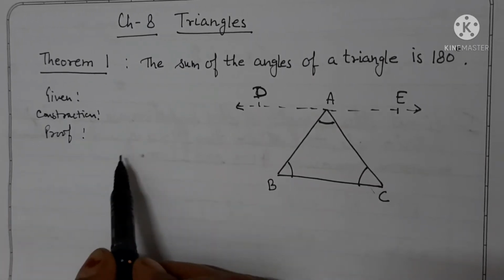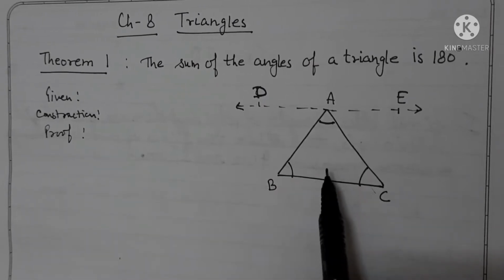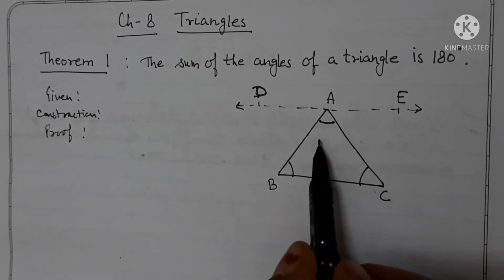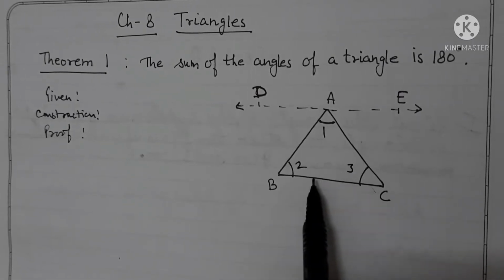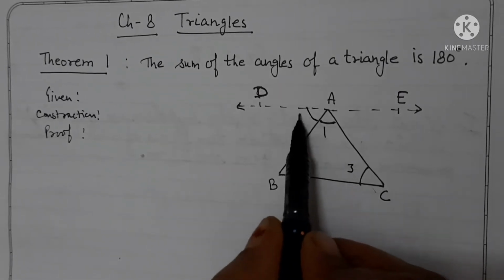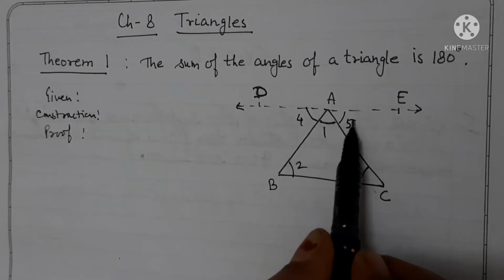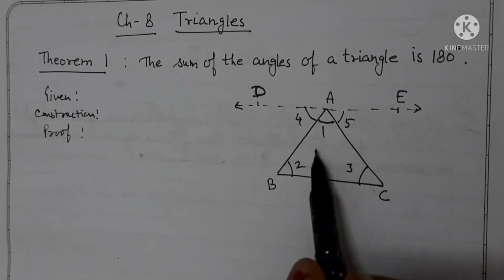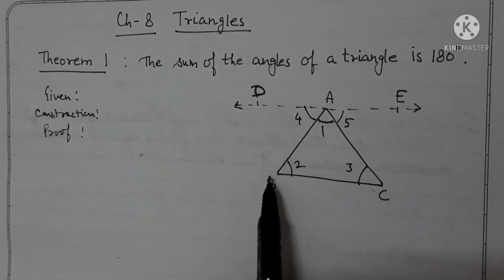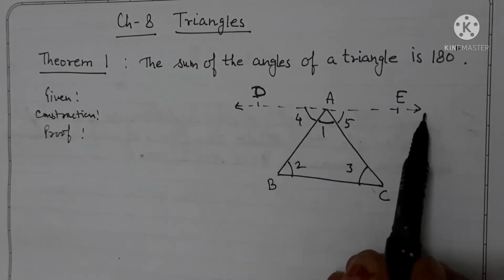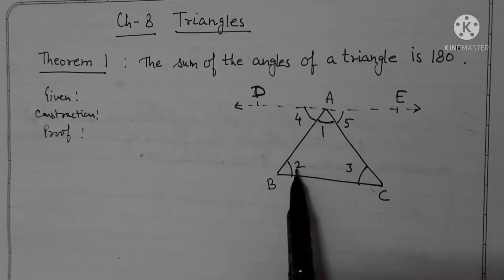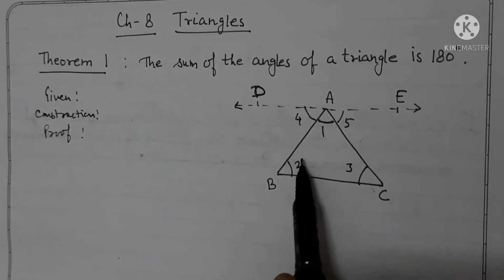This I will show. So here give the name to the angles. Suppose this is 1, this is 2, this is 3, and here 4 and 5. So it is easier to prove. You know that BC is parallel to DE, then angle 4 and angle 2 are equal.